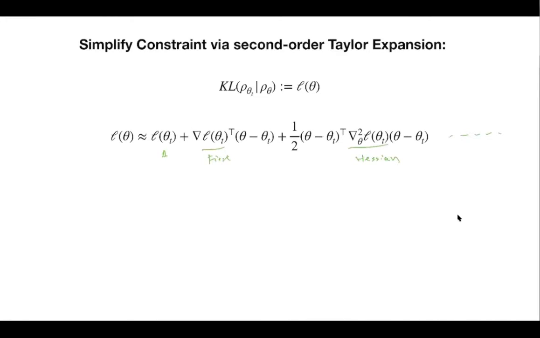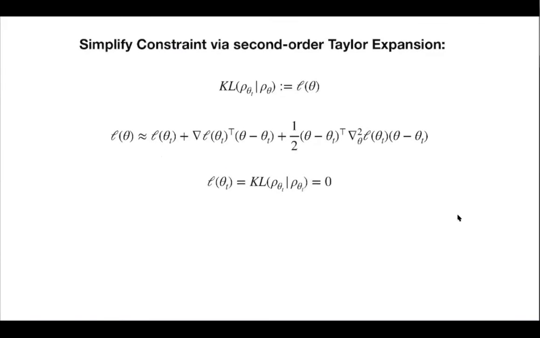So that's the high level idea. The first simple fact is that L theta t is just 0. Because L theta t replaces theta by theta t, and then you get two identical distributions. And we know that the KL divergence between two identical distributions is 0. So this is nice. The first term is 0, it goes away.